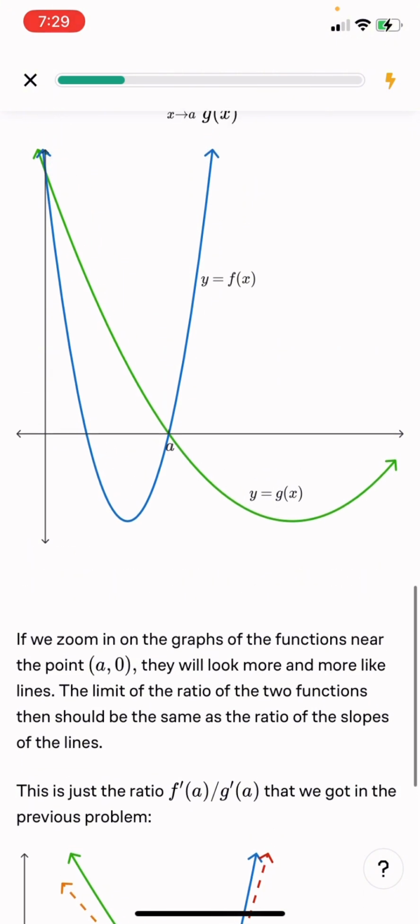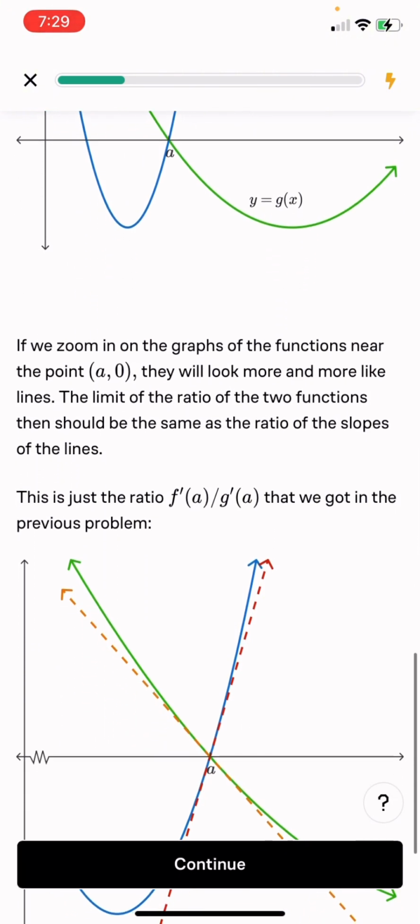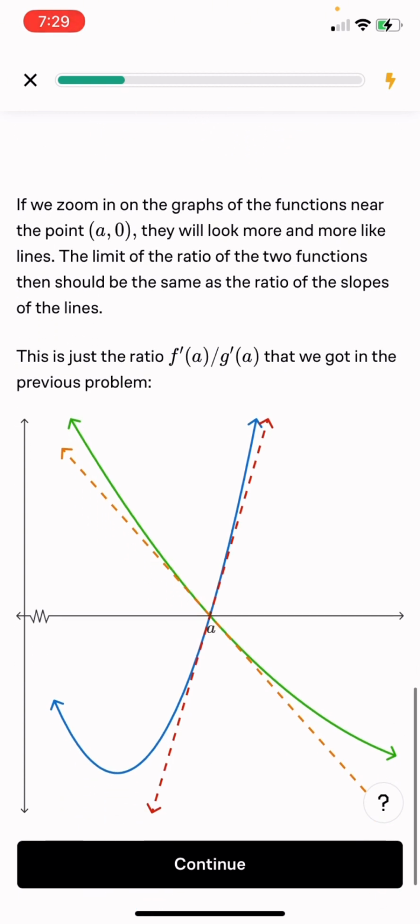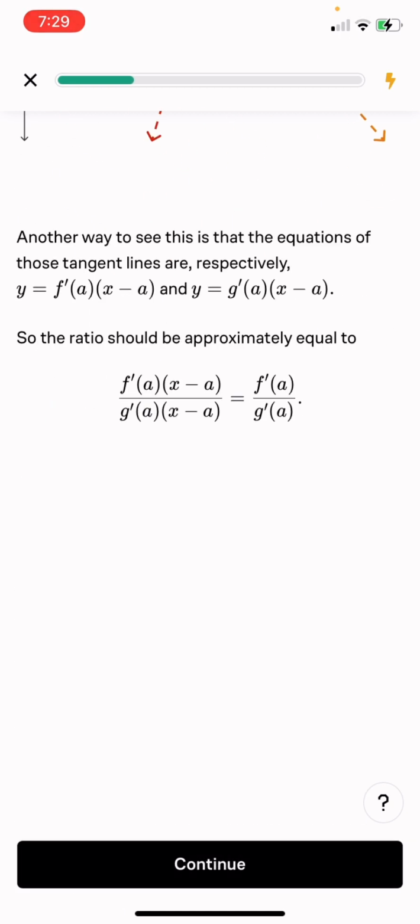If we zoom in on the graphs of the functions near the point a, 0, they will look more like lines. The limit of the ratio of the two functions there should be the same as the ratio of the slopes of the lines. This is the ratio f prime a divided by g prime a, which is what we got in the previous problem.